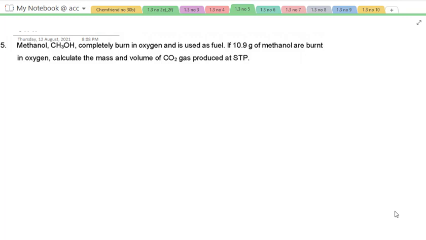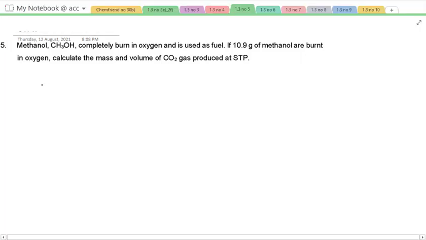Next question is question number 5. You are given methanol that is completely burnt in oxygen and used as fuel. You have to calculate the mass and volume of CO2 gas produced at STP. Okay, what to do? We must write the balanced equation first.